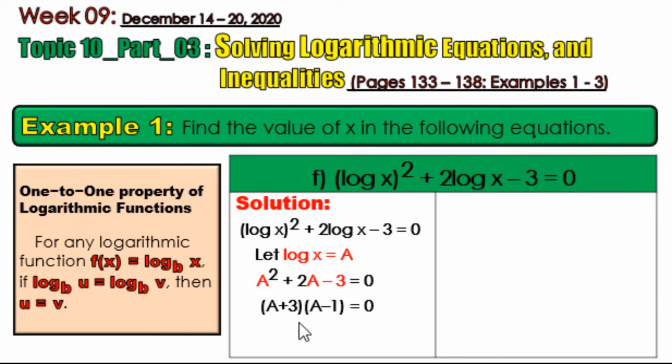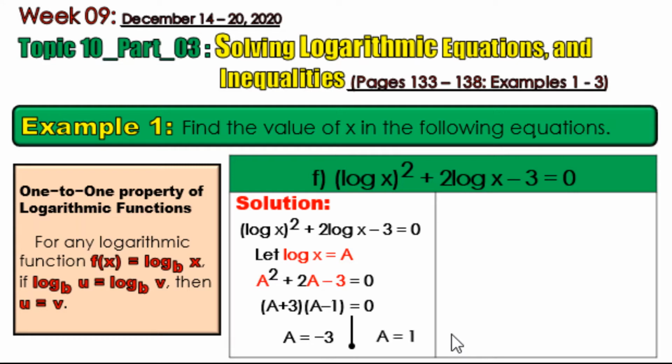We can equate each factor to 0. The first factor, a plus 3 equals 0. To solve for the value of a, applying the properties of equality, the 3 becomes negative 3, so a is negative 3.